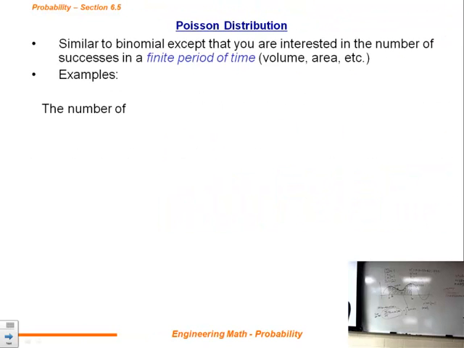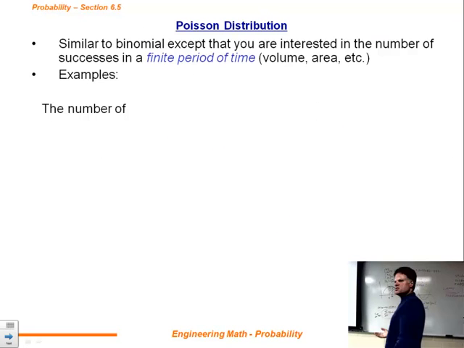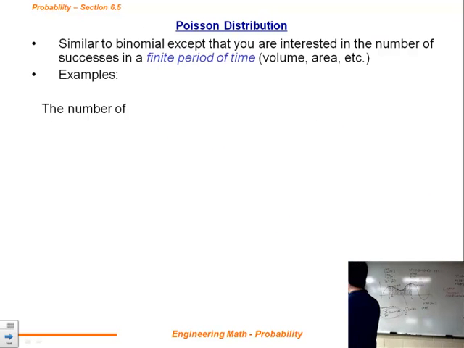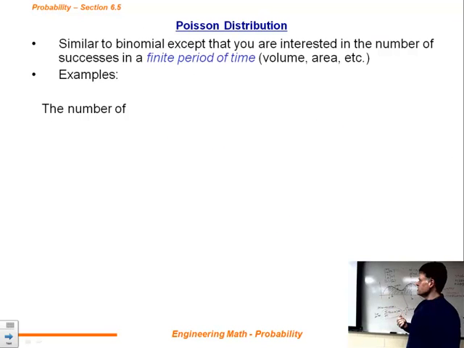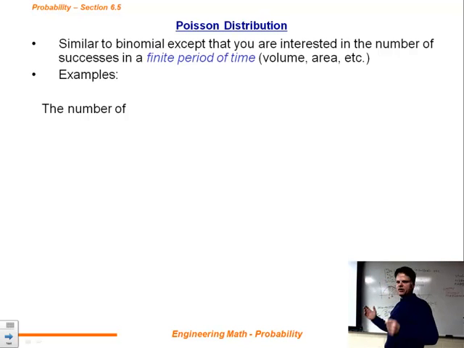All right, so enough of the binomial distribution. Next, we come to the Poisson distribution, which is the other discrete distribution we're going to talk about. Here the experiment in question is similar to the binomial experiment, but instead you're going to be interested in the number of successes not in some fixed number of trials, but in some finite period of time, or finite volume, or finite area, so some finite region.